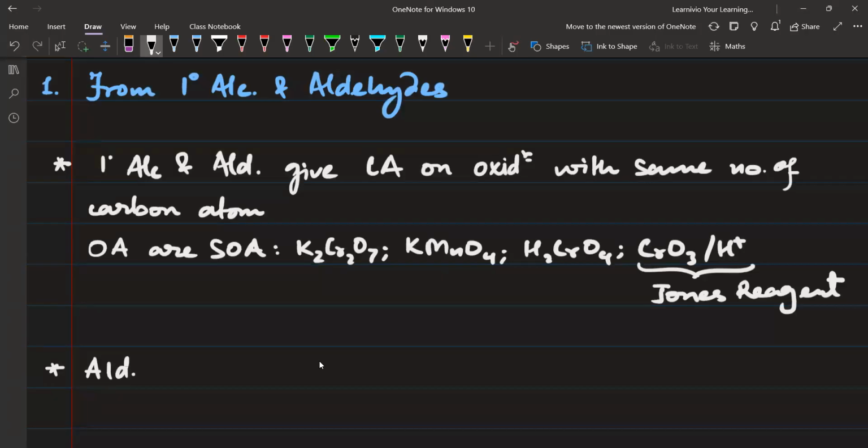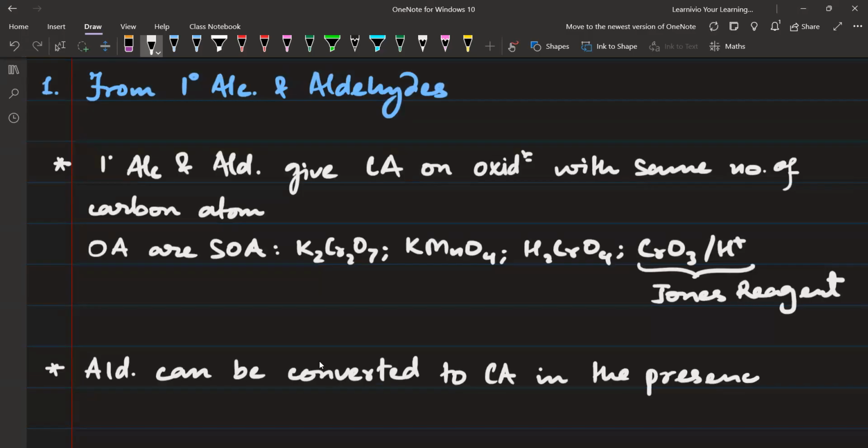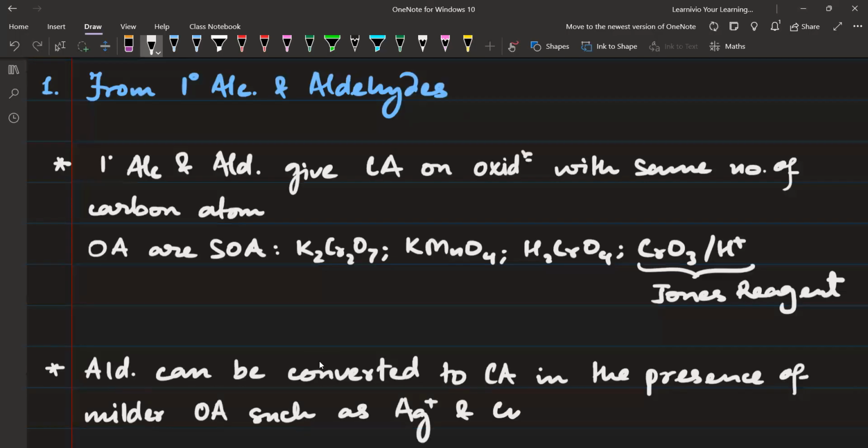Which aldehydes can be converted to carboxylic acid in the presence of milder oxidizing agents such as Ag positive and copper 2 positive, that we have already seen in the Tollens test and Fehling test. Do you remember? Sufyan? Yes, sir. Okay, very good.